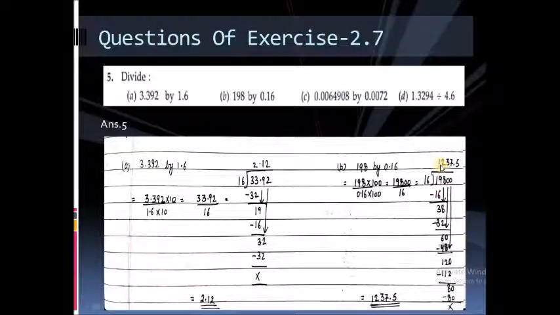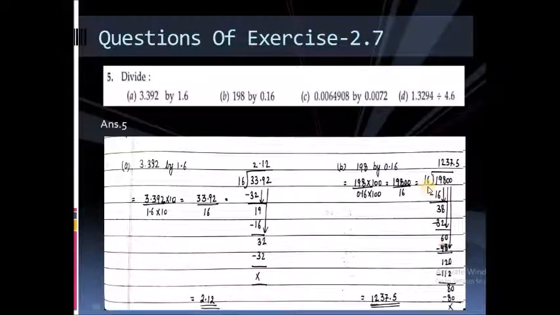19 comes one time in the table of 16 because its nearest number is 16 only. When you subtract both of these you will get 3. Then you can note down this 8, right? 8, it will become 38. So 2 times it will be 32 here. When you subtract both of these, you get 6 over here. Then you can note down the next 0.